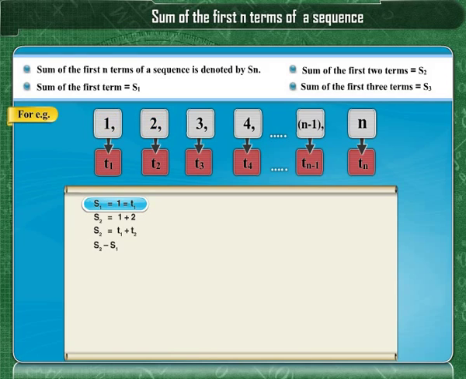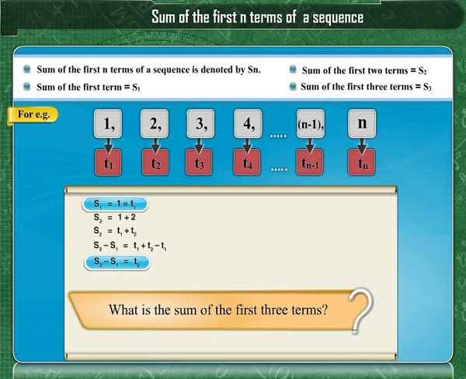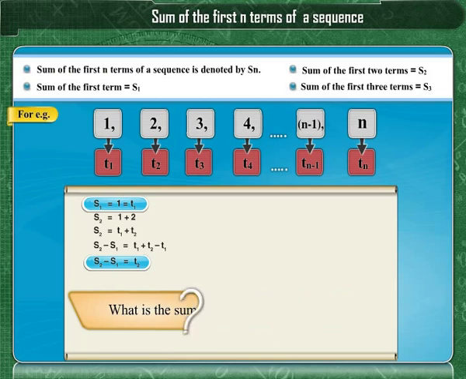What is S2 minus S1? S2 minus S1 is T1 plus T2 minus T1. By cancelling plus T1 and minus T1, we get S2 minus S1 is T2. What is the sum of the first 3 terms?